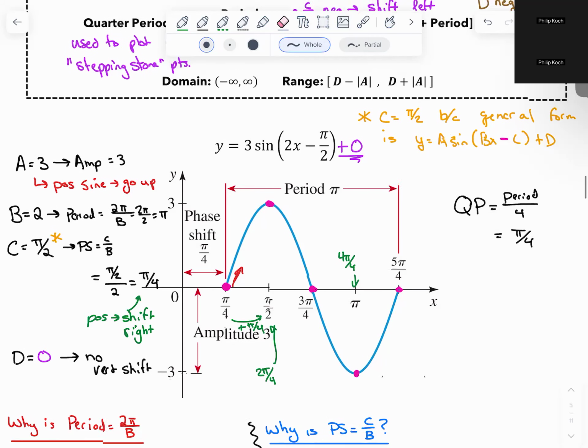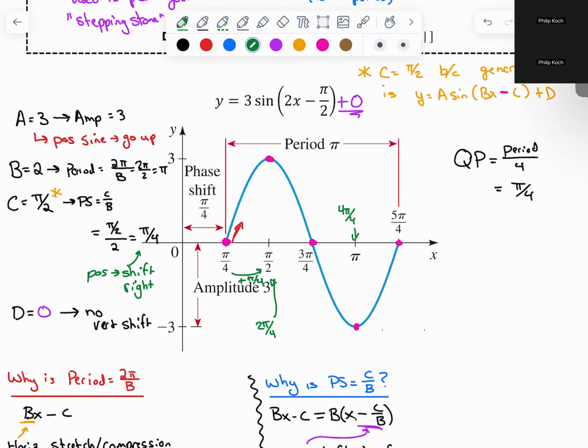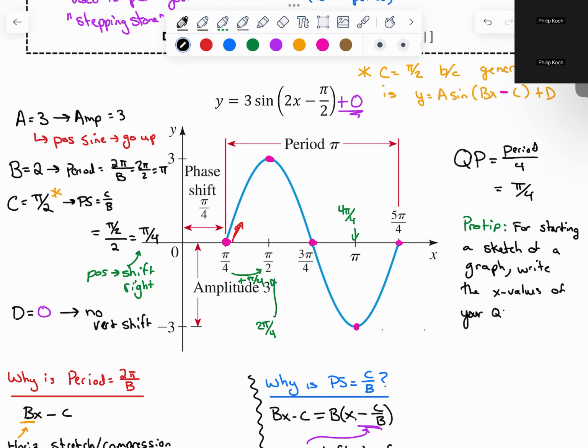And so the pro tip that comes with starting a sketch of a graph: write the x values of your quarter periods with the denominator of the phase shifts.